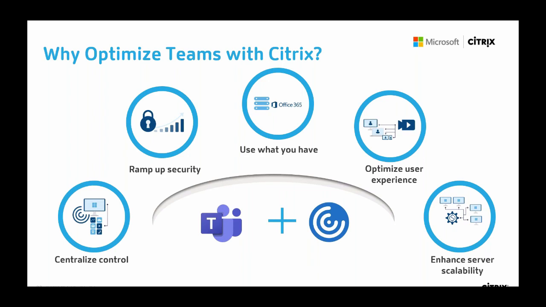So they wanted to be able to deliver a solution, but with the exact and enhanced Citrix policy controls that they can apply over Microsoft Teams to their end users. So this ensures they get centralized control and also the ability to enhance security aspects when their users are communicating.